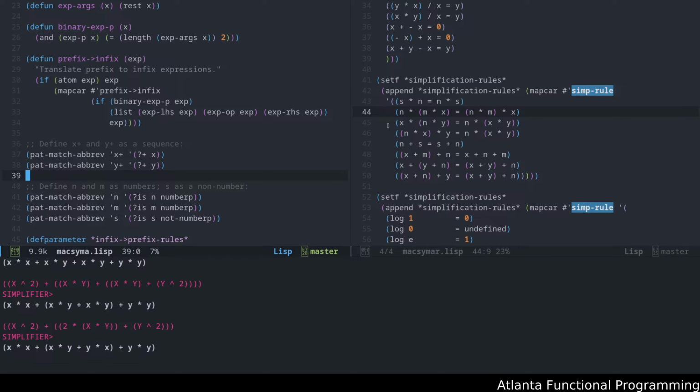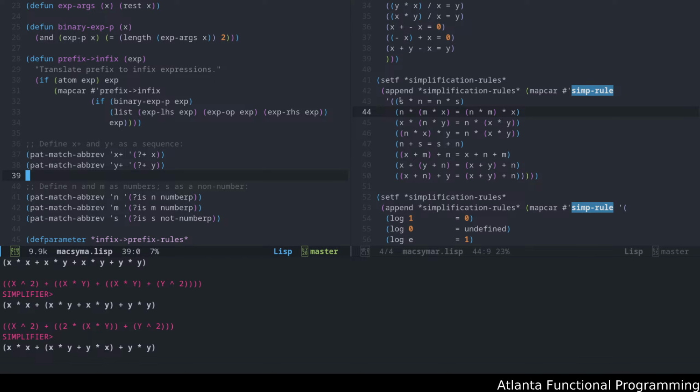So all this is doing is saying if we're dealing with a number n and a number m and a symbol s, then we have this sort of conversion of s times n is equal to n times s.